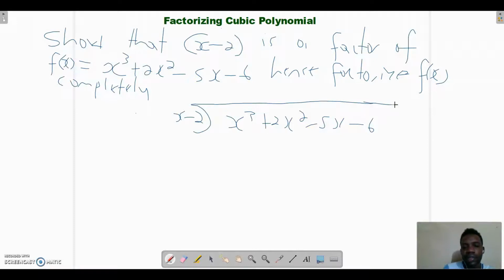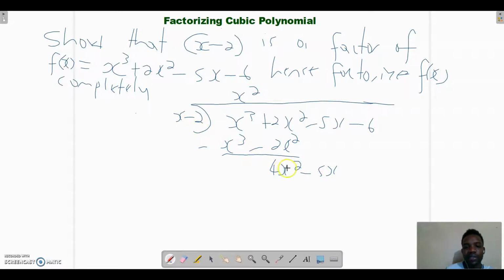Now we say x into x cubed would be x squared, and we multiply x squared by my divisor, which is going to give me x cubed minus 2x squared, and then we subtract. So we know that x cubed minus x cubed is 0, and 2x squared minus negative 2x squared is 4x squared. We then carry down the minus 5x, and we start the process over again.